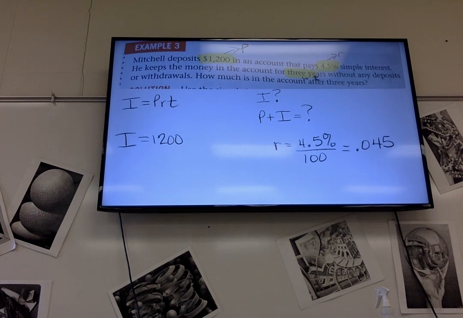So I equals P times R times T. And what's T? 3 years. And it's supposed to be in years, so we're good there. So we just plug that into our calculator. It's money, so if there's any rounding to be done, we round to 2 decimal places.